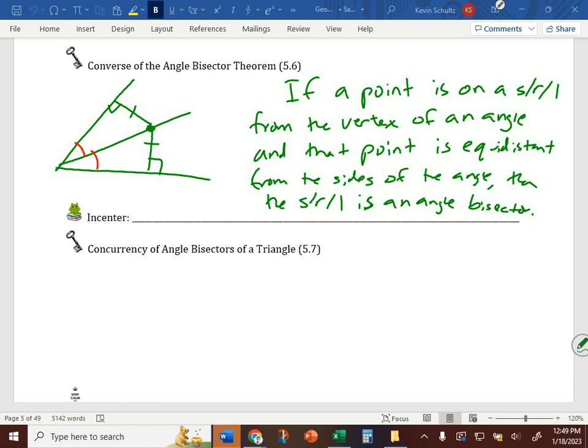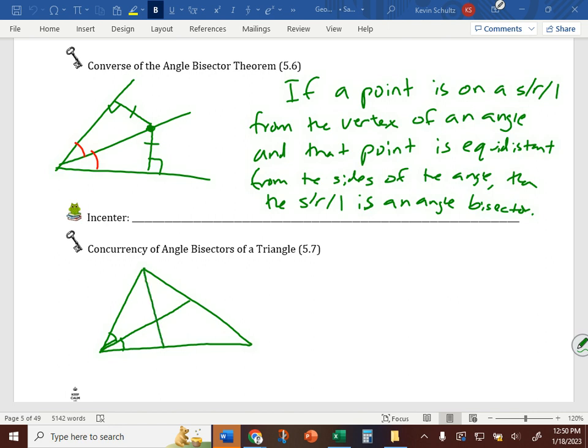Last time, I had you construct the point of concurrency. I'm not going to have you construct the incenter. It's a little bit more complicated, and we don't have time for it. But we can make 3 angle bisectors of a triangle. So I want you to, best that you can, make a triangle here. And I want you to sketch, draw freehand, the angle bisectors of that triangle. Coming out from each vertex, draw a segment that bisects each angle.